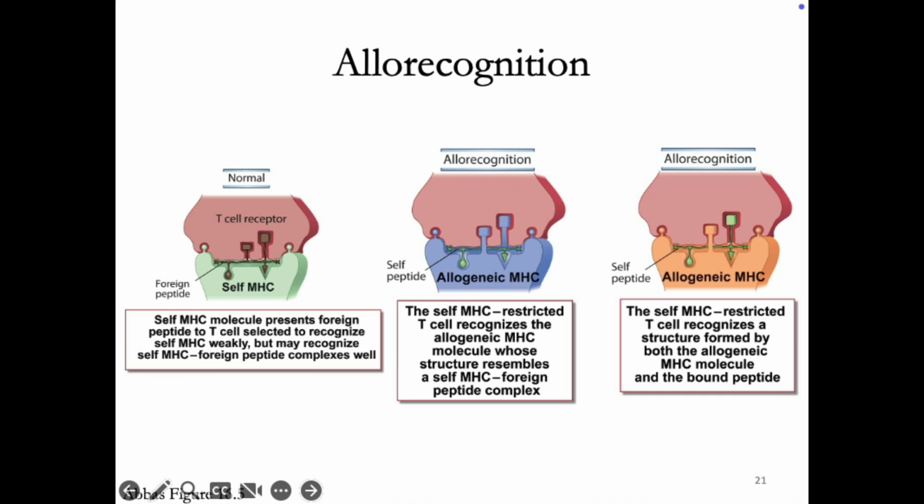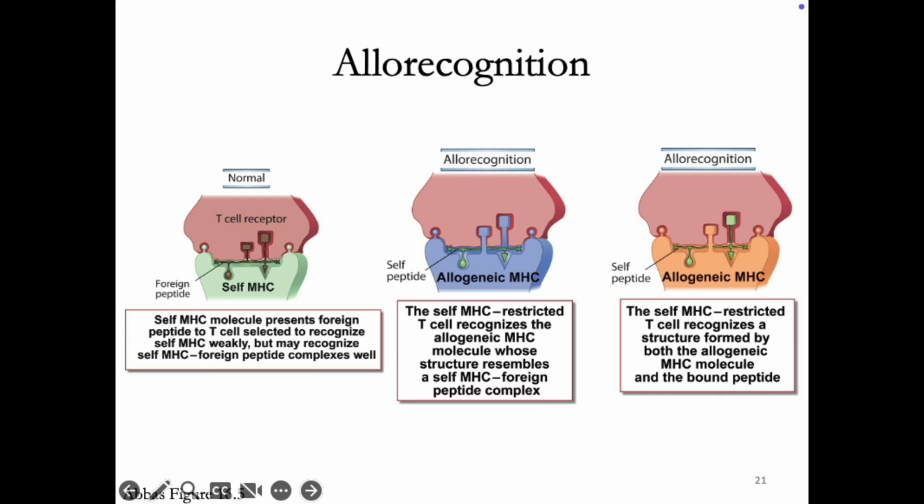because the structures just so happen to look that way. You could also imagine that maybe it could look like this, where a combination of a particular peptide and a particular MHC might kind of fool the T cell into thinking it's seeing this self MHC plus self peptide. And so sometimes we can see situations where foreign MHC kind of looks like self-MHC plus foreign peptide.